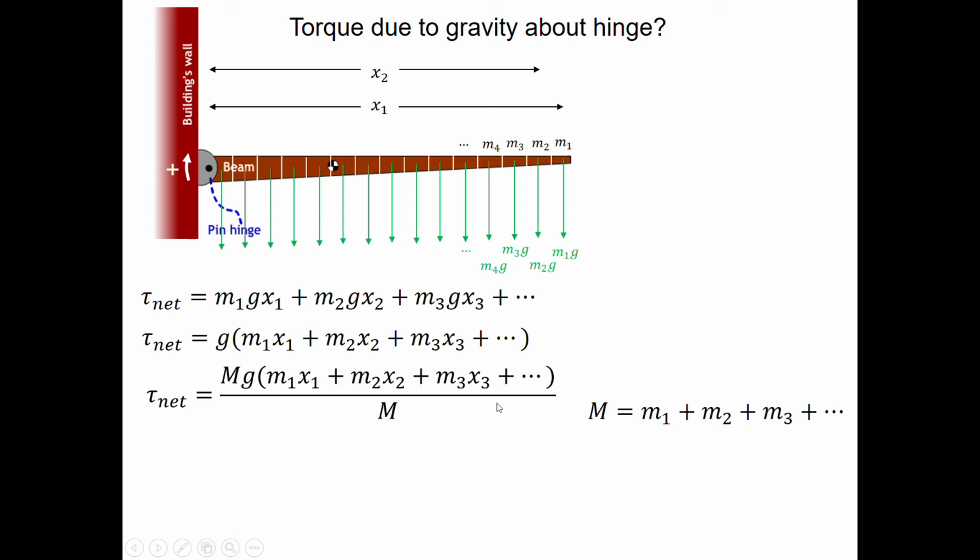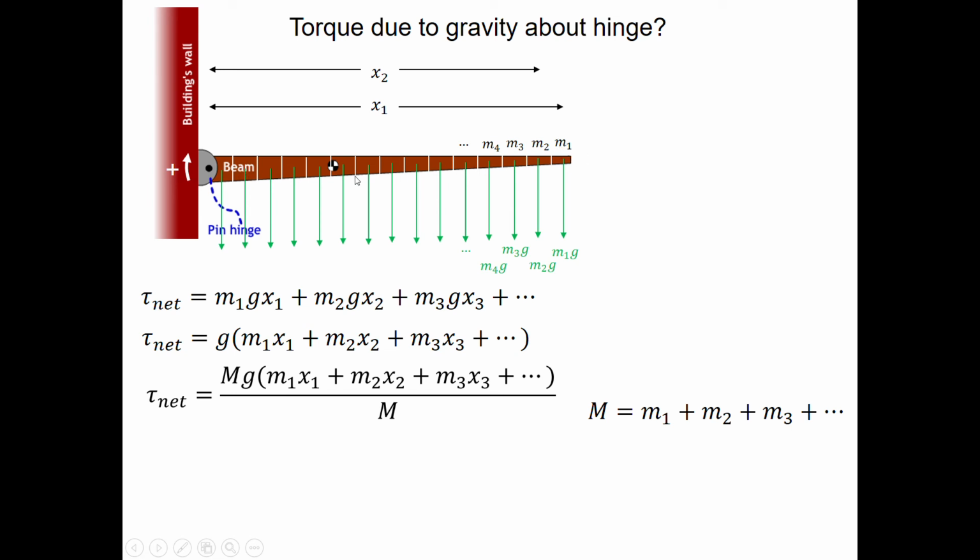And what we're going to do is multiply what will be the numerator by M, and then we're also going to divide by M. If you multiply by M and divide by M, you don't change this ratio right here, so that's all we've done there, where we're going to let capital M be the entire mass of this whole thing.